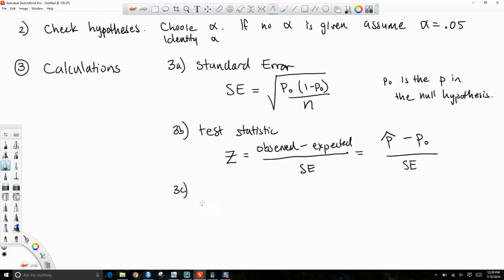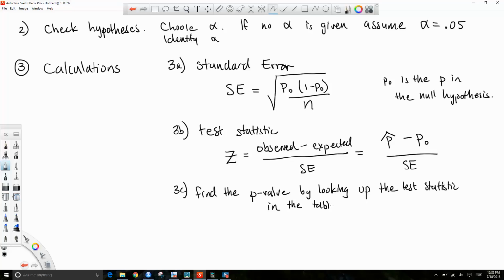And then the calculations, 3c is find the p-value by looking up the test statistic in the z-table. In the table. Okay?